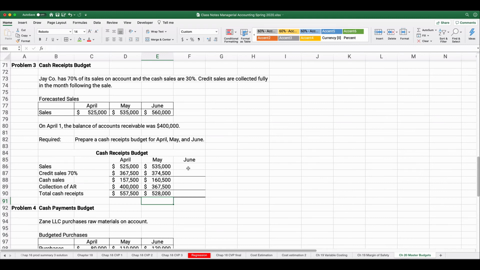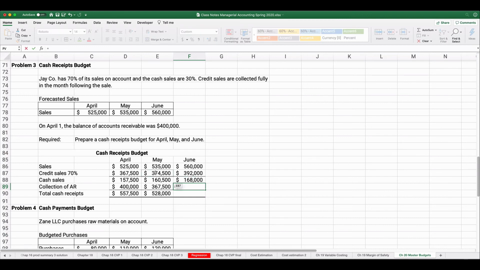All right, the last month is June. So our sales in June are 560,000. Our credit sales on that, 560,000 times 0.7 is going to be $392,000. That means we can expect to collect cash on that this month of $168,000.